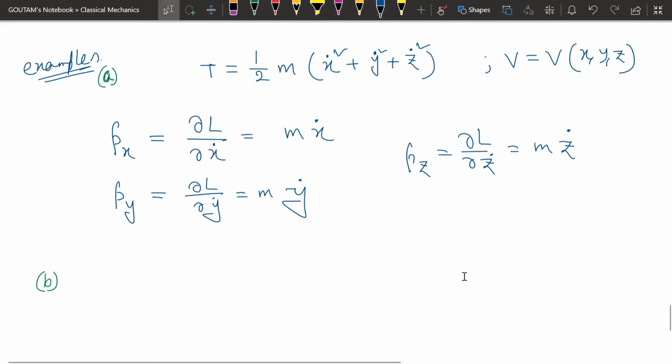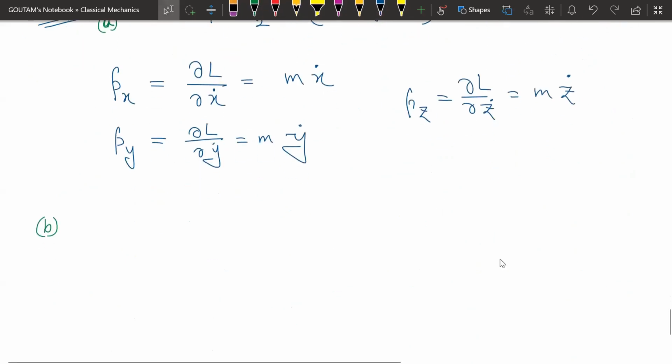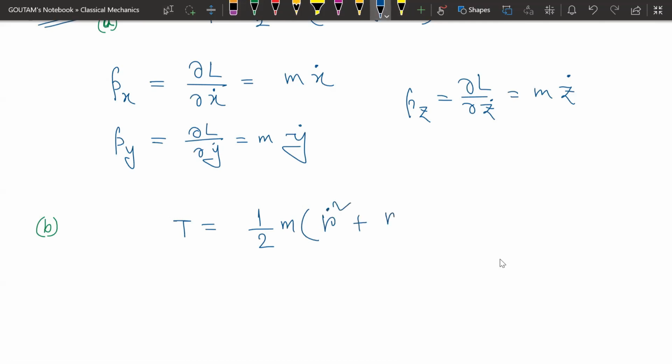Let's say example B is: we are in spherical polar coordinates, let's say plane polar coordinates. In that case, the kinetic energy is half m (r dot square plus r square theta dot square), and let's say the potential is a function of r, theta only.